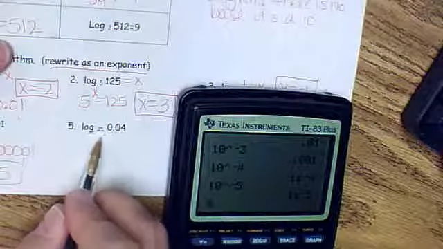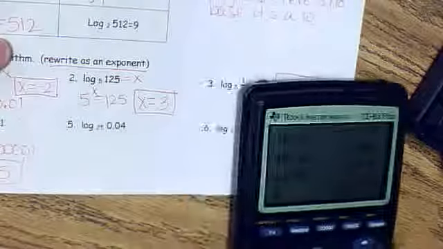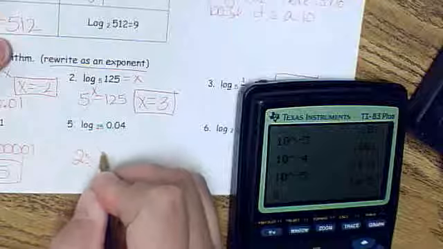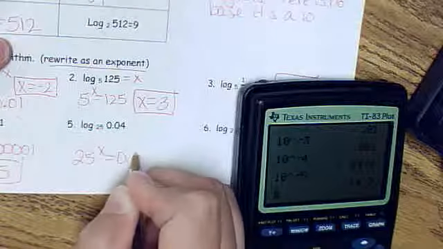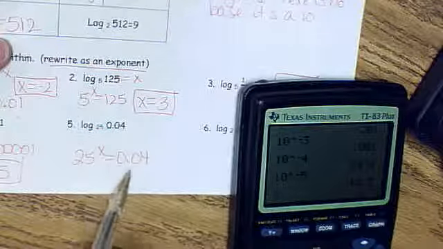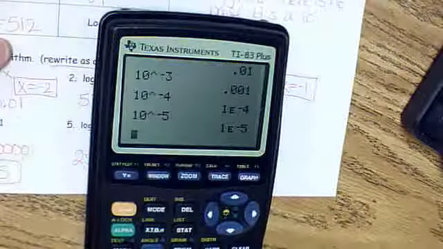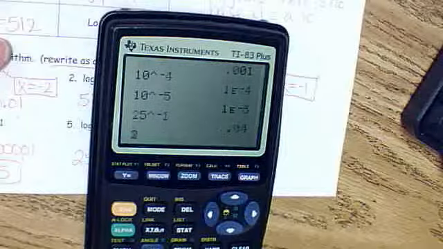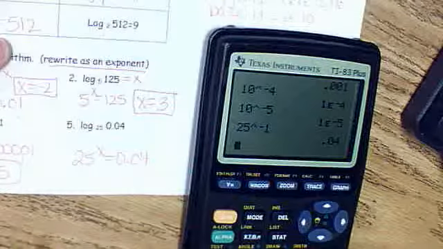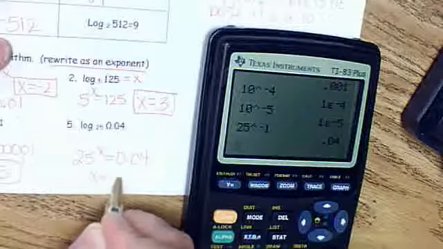Number 5, log base 25 of 0.04 would be 25 to the x equals 0.04. This is a whole number, that's a decimal, so that means my answer has to be negative. So 25 to the negative 1. Did that give it to me? Yep, so x is negative 1.